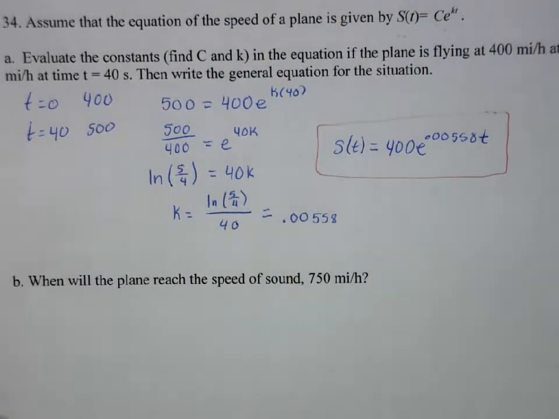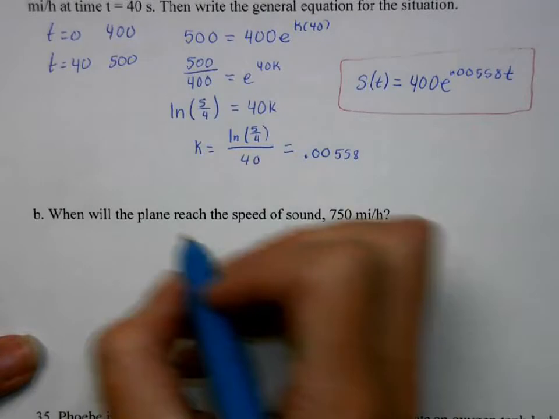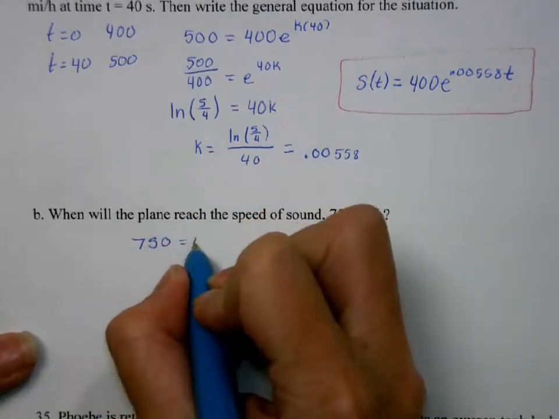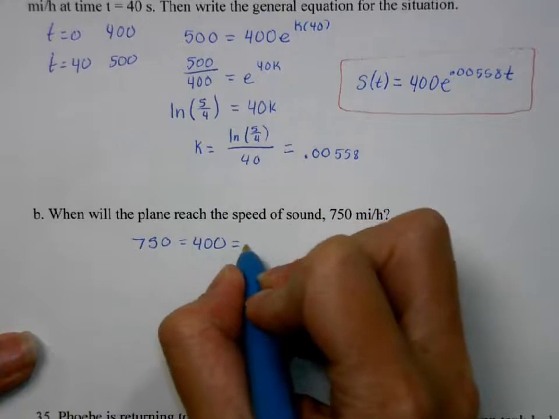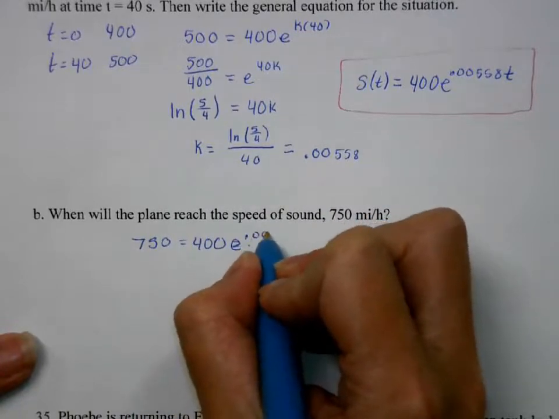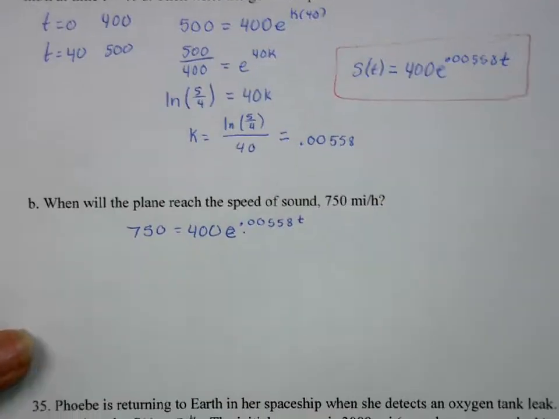Now we're going to use that general equation to find out when the plane reaches 750 miles an hour, the speed of sound. So we'll just set it equal to 750. And solve for t.